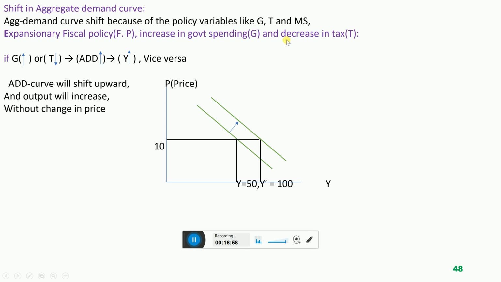So we are applying that if the government increases government spending or decreases taxes, what will happen to the aggregate demand of the people? Aggregate demand will increase. Why?